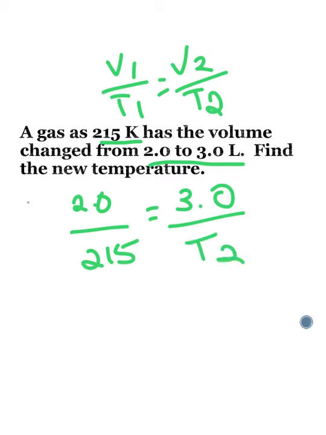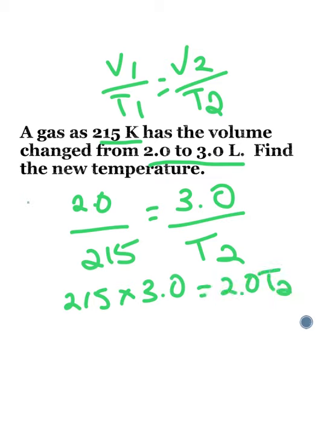So our volume goes up. It's going from 2 to 3. So that's 50% bigger. So I know my new temperature should be about 50% bigger. So think about what's about 50% more, or 1.5 times 215, to think if your answer makes sense here. Many ways you can cross multiply here. I'm going to take 215 times 3.0 is equal to 2.0 T2.